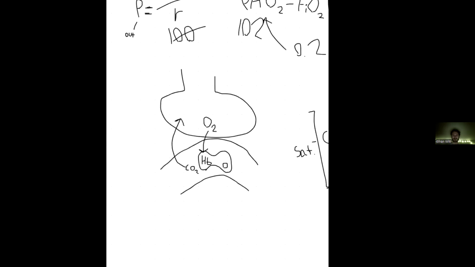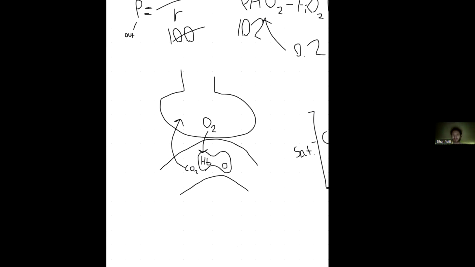So on a tiny cellular level, we have this little baby capillary coming into contact with the alveolus. The fresh oxygen comes in and binds to the hemoglobin in the erythrocytes, the red blood cells that are passing by through the blood network.